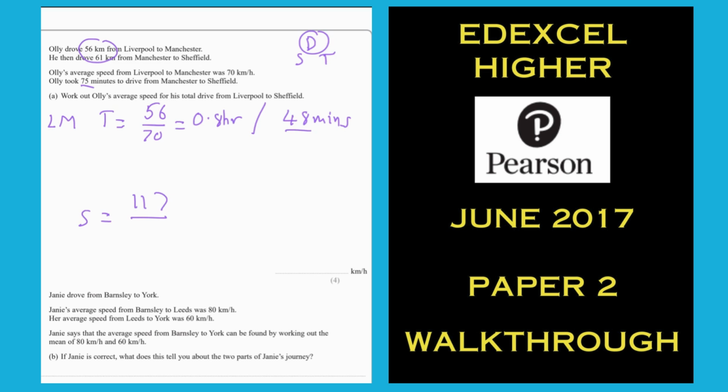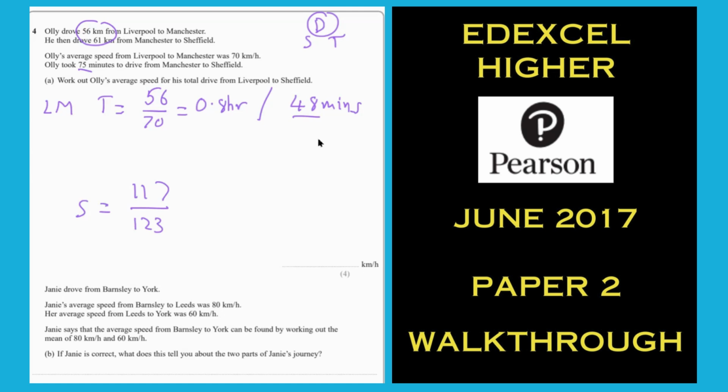So 75 added to 48 is 123 minutes. I always think it's better that if you've got 123 minutes, if you divide that by 60, you can then just work straight in hours. So you could divide by 123 times by 60.